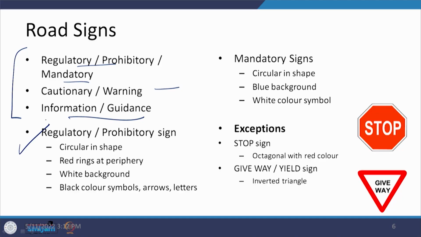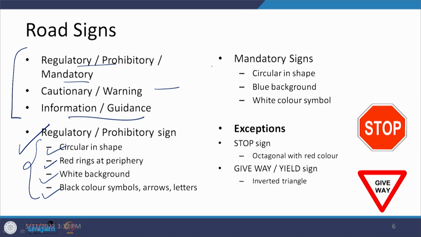Now, when you talk about the first one, that is regulatory or prohibitory signs followed by the mandatory signs: the regulatory and prohibitory signs are circular in shape. They have a red ring along the periphery of the circle. The background is white in color, and on that white background the symbols, letters, or arrows are provided in black color. So, this is the overall composition of a regulatory or prohibitory sign: circles, red rings, white backgrounds and black notations.